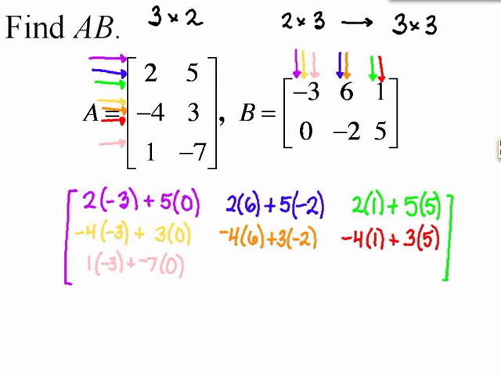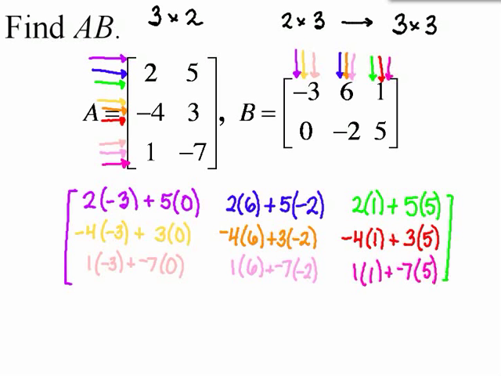What's going to be my next one? Yep, row 3 times column 2. That one will be 1 times 6 plus -7 times -2. And finally, row 3 by column 3, which will be 1 times 1 plus -7 times 5.